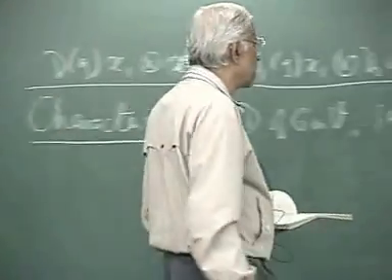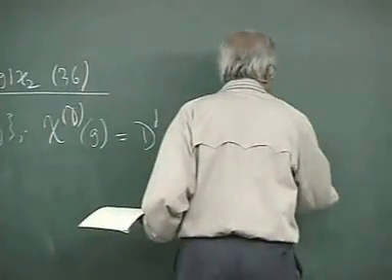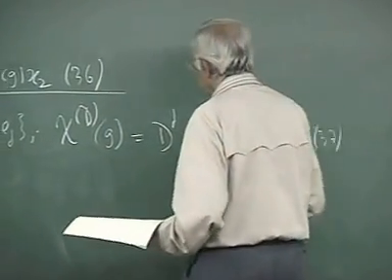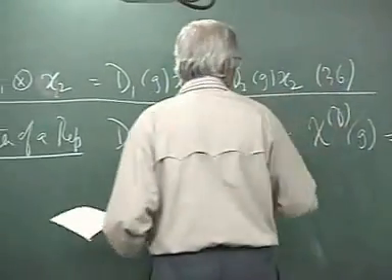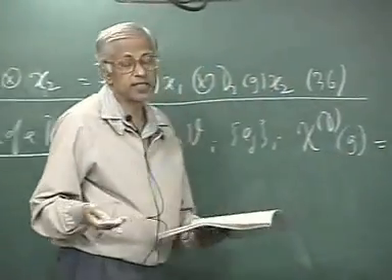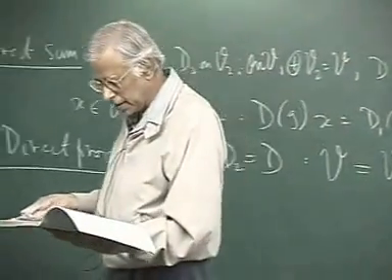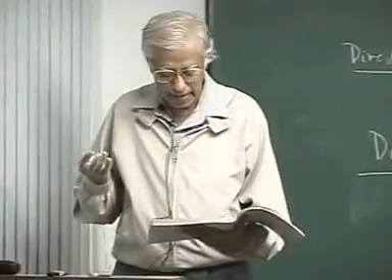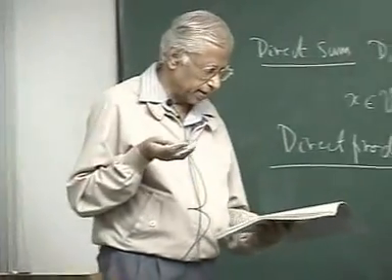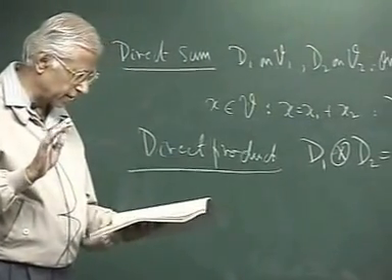Having defined it using a basis and the matrices of the representation, we see immediately that if one were to change the basis, the matrix undergoes a similarity transformation. Trace does not change. So the character of a representation is basis independent. It belongs to the representation alone.